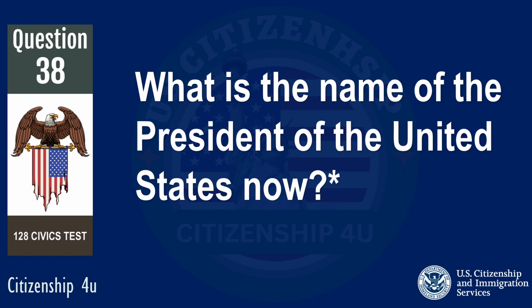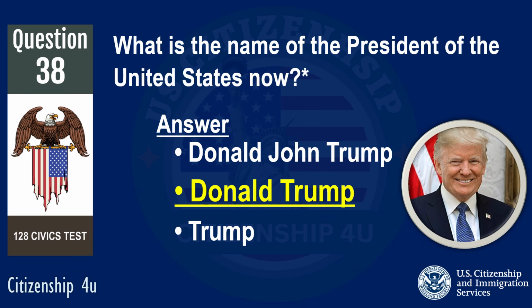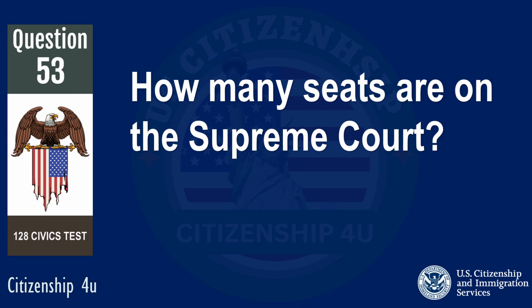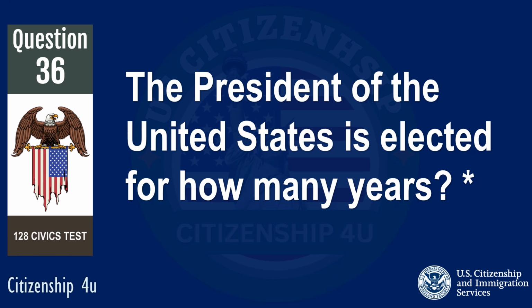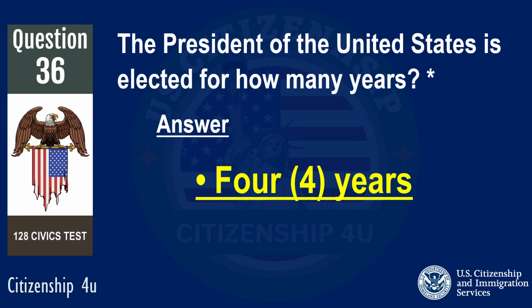What is the name of the President of the United States now? Donald Trump. How many seats are on the Supreme Court? 9. The President of the United States is elected for how many years? 4 years.